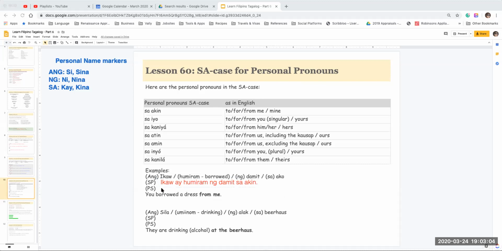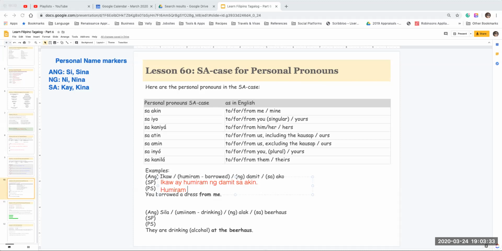All right, now reverse that. PS. Humiram. Do you remember the rule for singular you? Ikaw, ka, kita. The ikaw becomes what when you reverse the order?